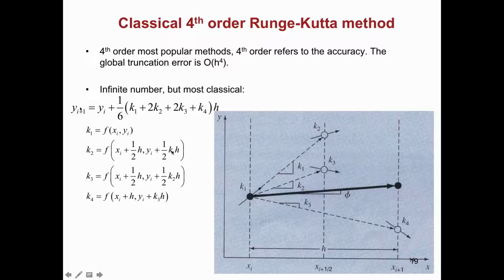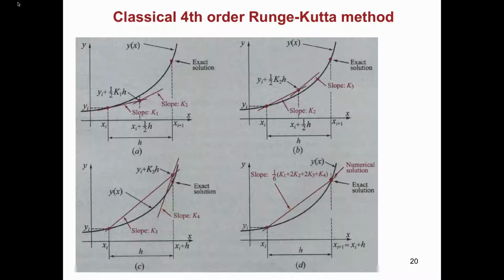Then you take that slope also halfway, and you get the 3rd slope. And then you take this 3rd slope all the way by step h, and you estimate what the slope is there. So this is literally your 4 slopes. Here's geometrically how it's done.